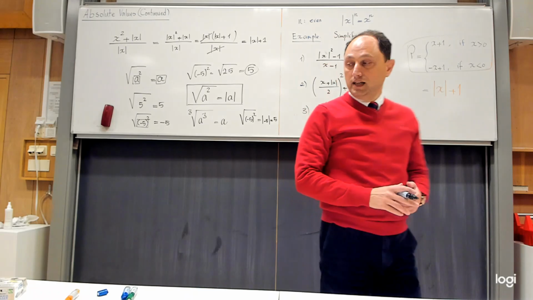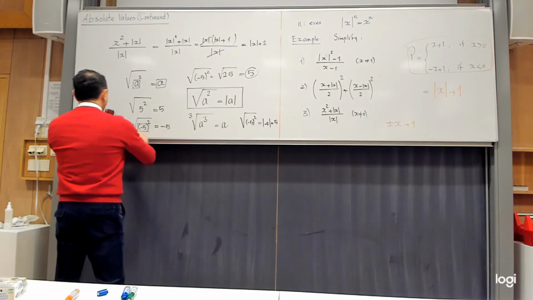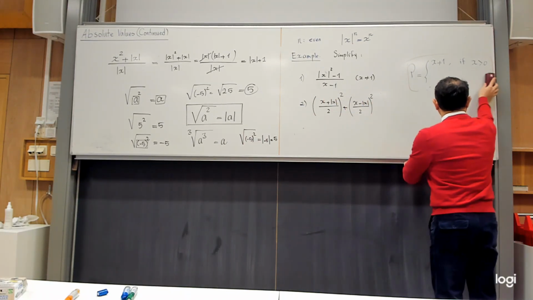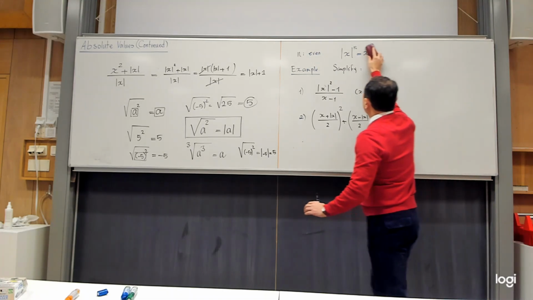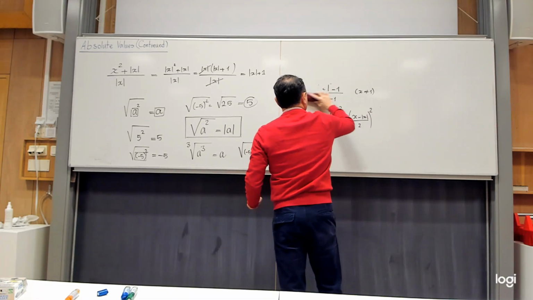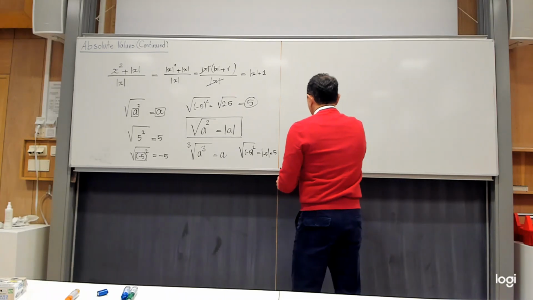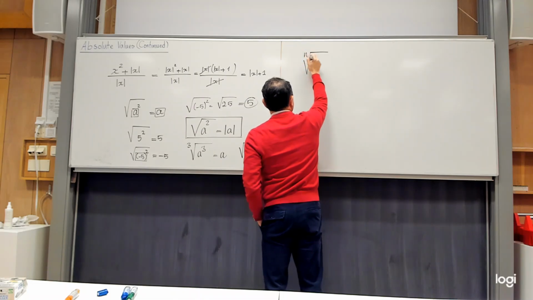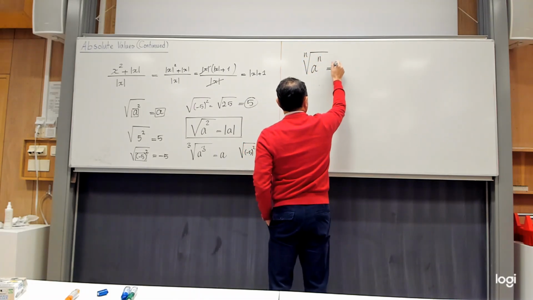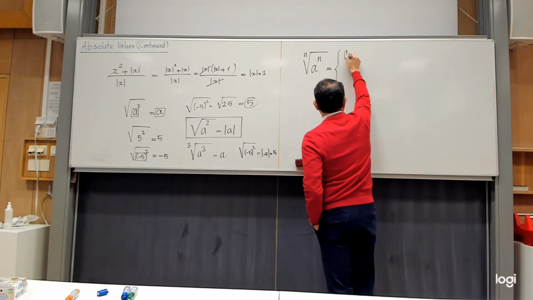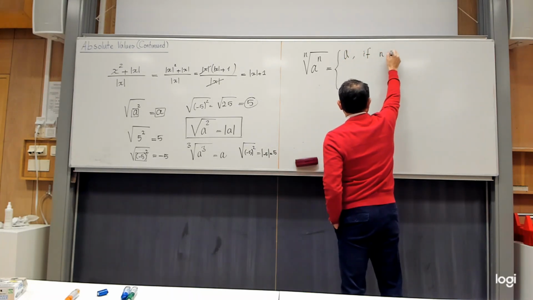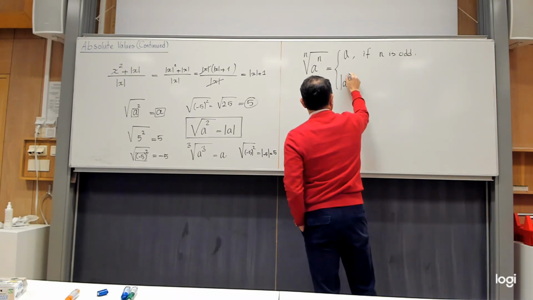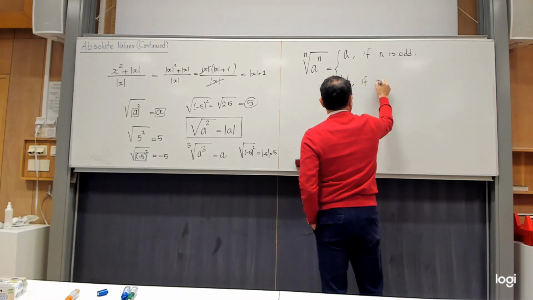So remember that. This is extremely important, so let me write this. I would say that the nth root of a to the n is equal to a if n is odd, and it is the absolute value of a if n is even.